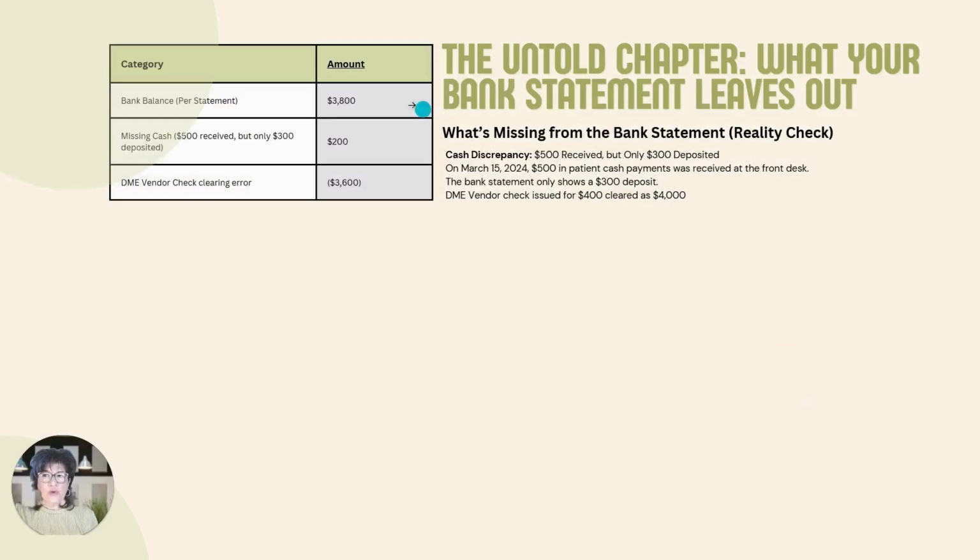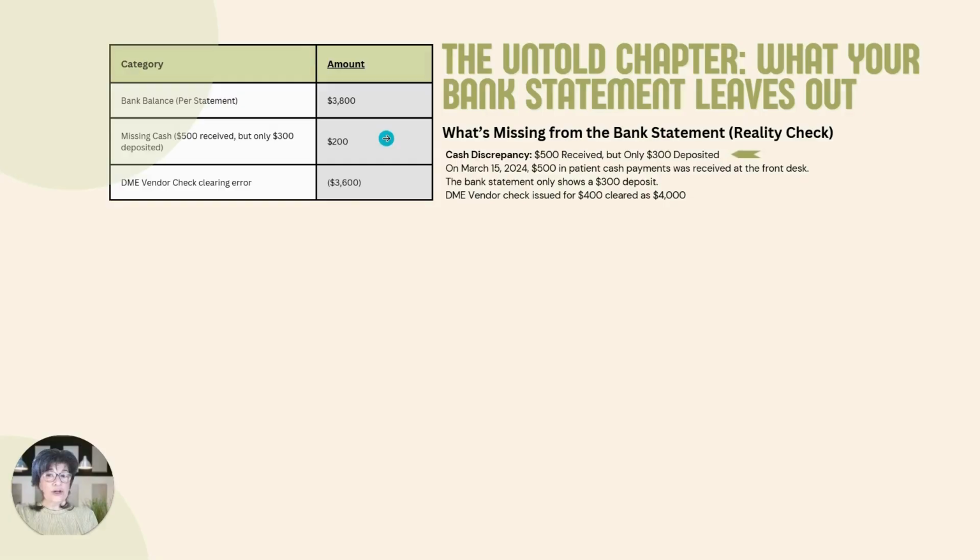So we're going to break it down into several areas so that you can really follow and understand what the process is. So we're starting here with the amount that we had left over based on the bank statement. Now, there was a problem because we had an actual $500 deposit in the office that we've received through the front desk. But when it hit the bank, it only hit for $300.